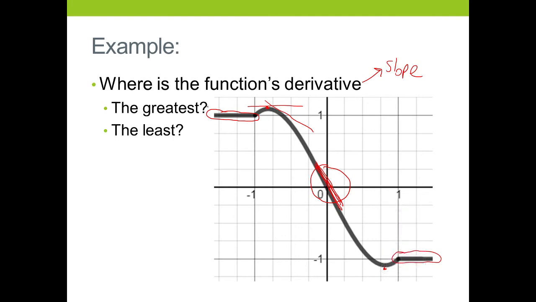So the greatest will occur probably here, and the least will occur right at the tip there, and there. Because again, derivative is really just slope, so if we're looking for a large derivative, we just look for a spot on the graph where there's a steep tangent line. The least will be where the graph has a very shallow tangent line. And those will be the spots where the function's derivative is the greatest and the least.